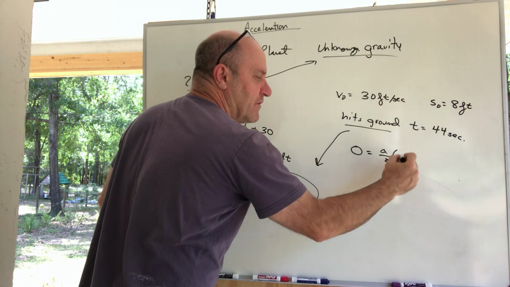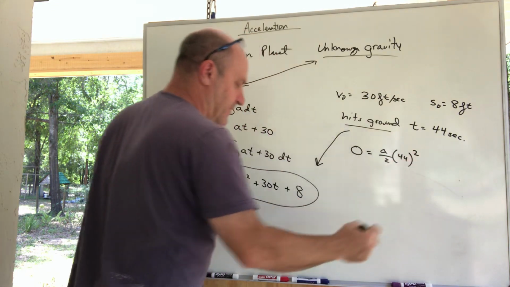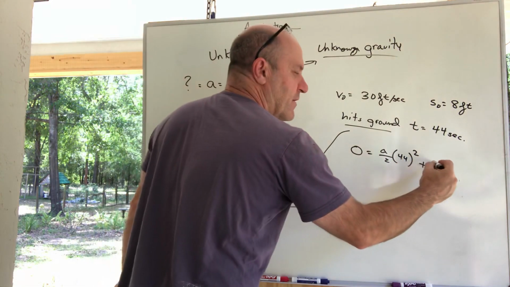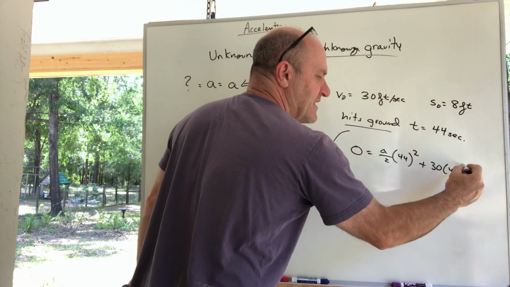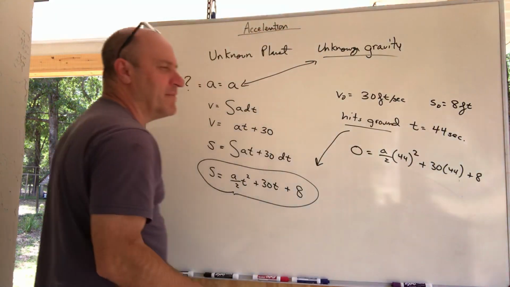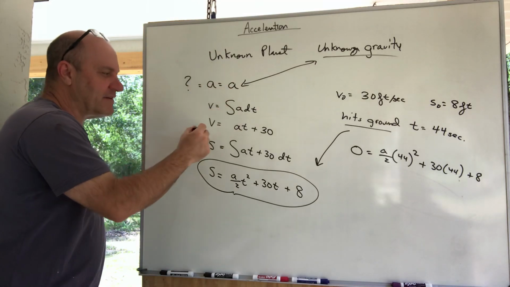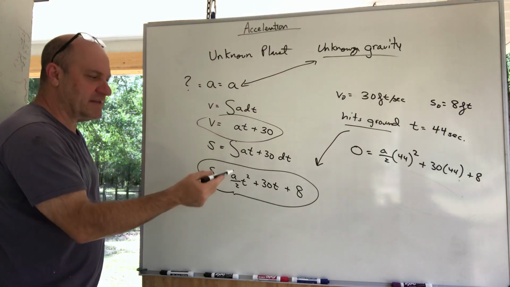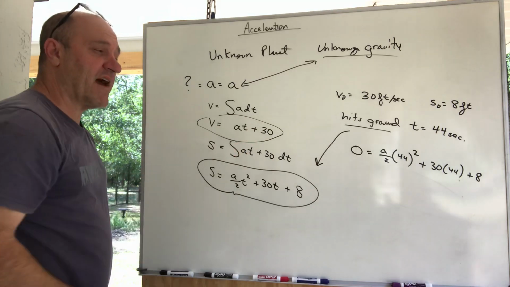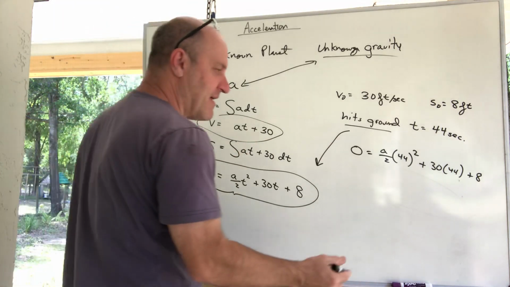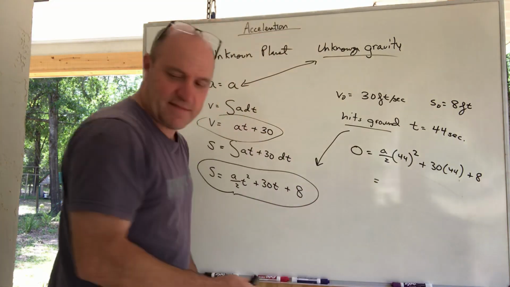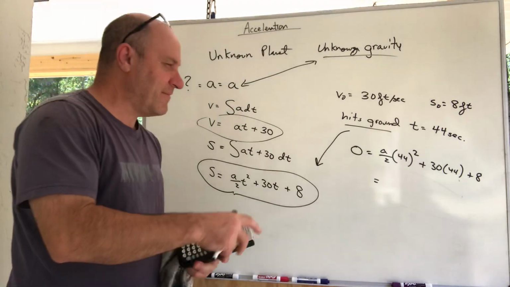A over 2 times 44 squared, plus 30 times 44, plus 8. This isn't that hard of a problem. It sounded a little crazy, but you start with an unknown a, you integrate to get velocity, you integrate to get position, and now we can find a. A little bit of math here. A calculator might help.